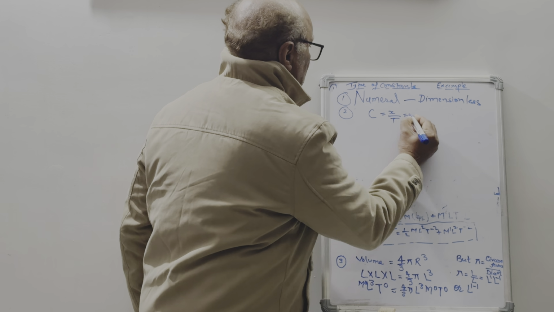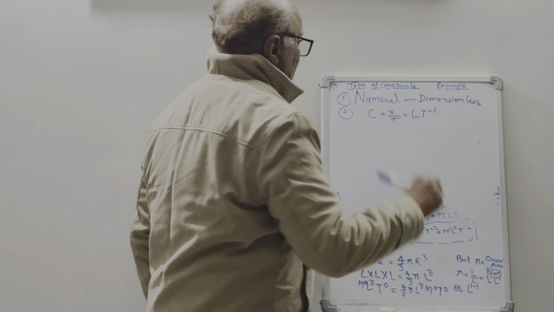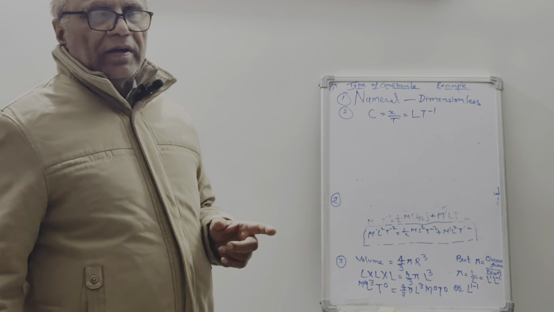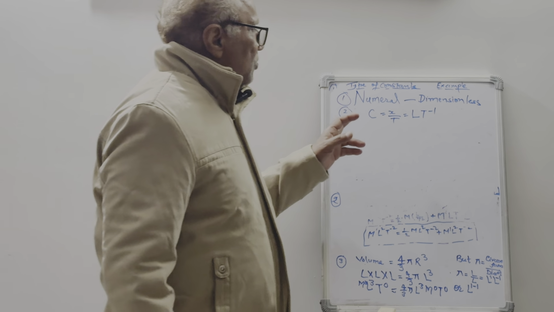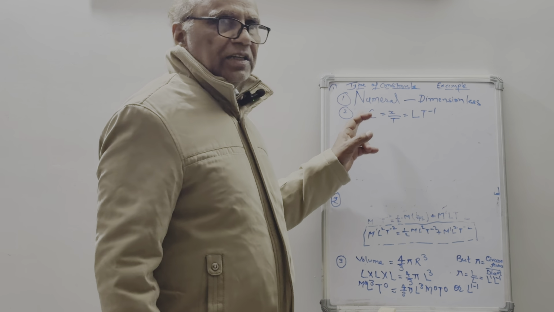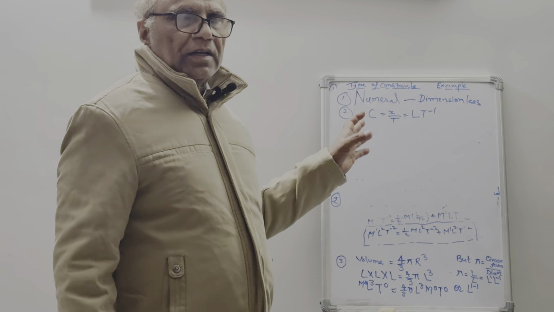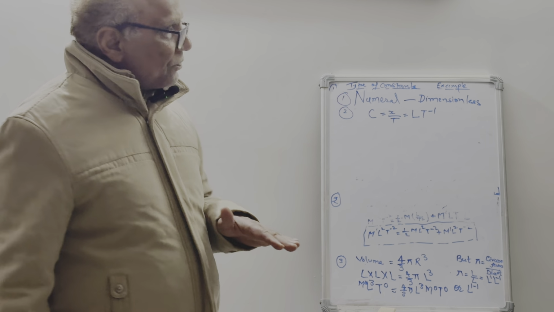Therefore, its dimensions are L T minus 1. But it is a constant. We cannot have anybody which can move at higher velocity than the velocity of light, that is c. So c is invariant, it is a constant. It is a universal constant. Rather, it is a limit.